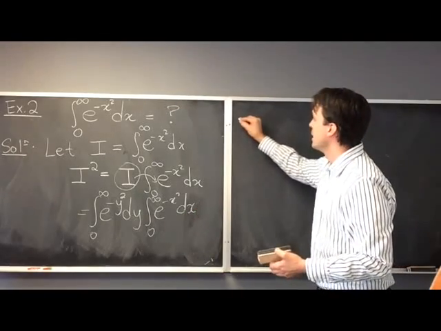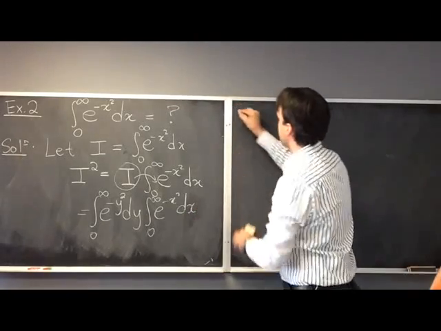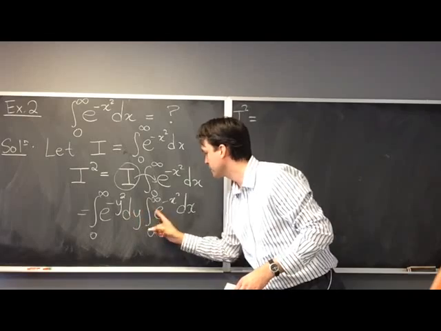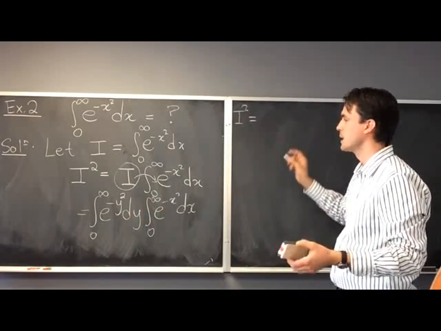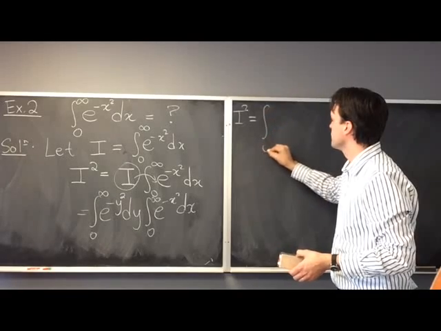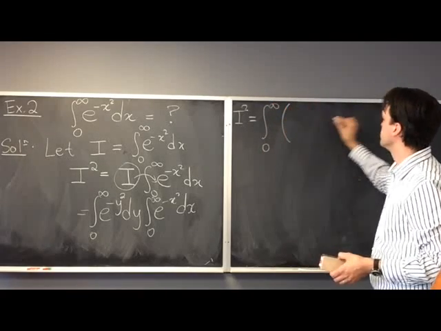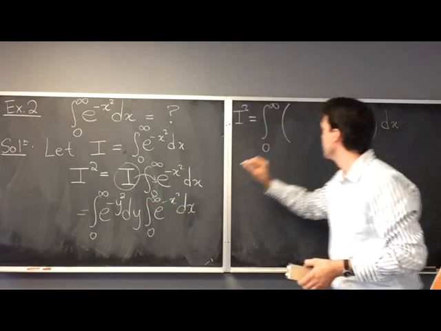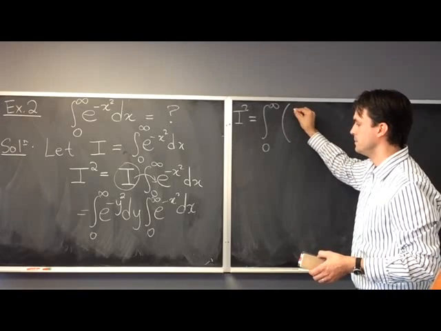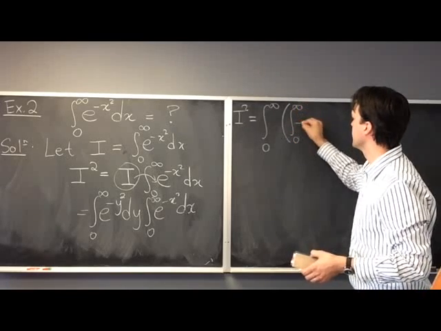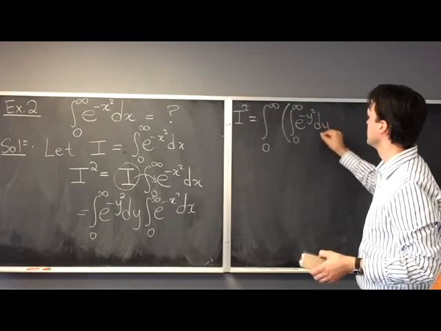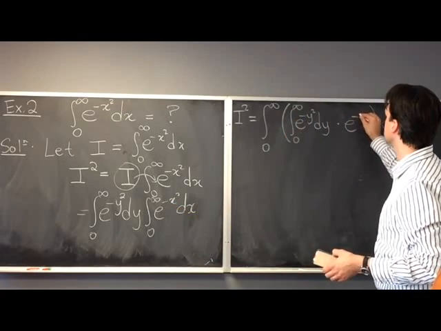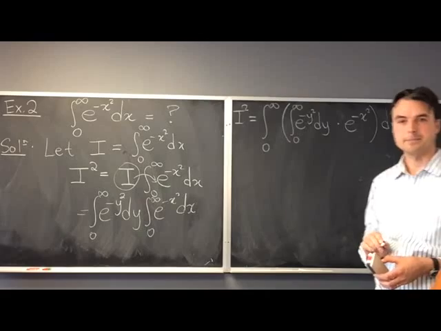And then I would end up with I squared still. If I brought that entire integral inside here, again, it's just a number, it is the integral from 0 to infinity of a bunch of stuff dx. And that stuff is going to be the integral from 0 to infinity of e to the minus y squared dy, multiplied by the e to the minus x squared dx.